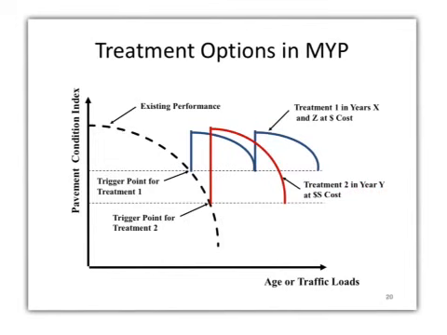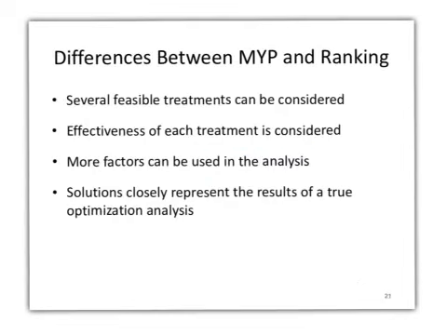So from here you can see there are two major scenarios. And the question now is, which one of these two scenarios gives us the best benefit-cost ratio? To answer the question, we need to think in broader terms. For example, there are several feasible treatments that can be considered. Sometimes it's not just a matter of the thickness of an overlay, either 2 or 4 inches.